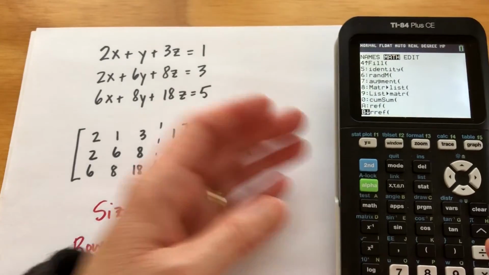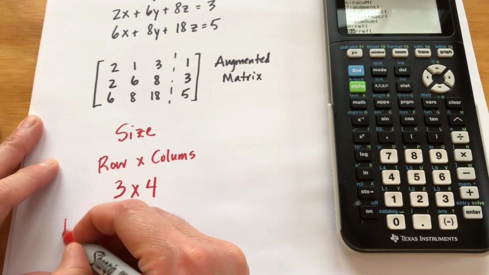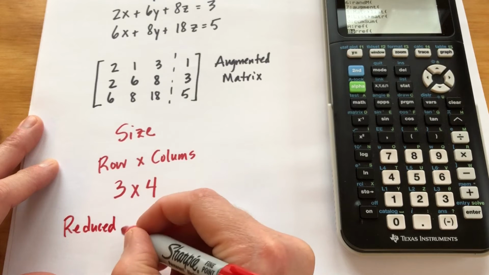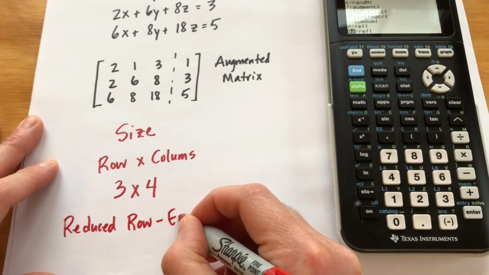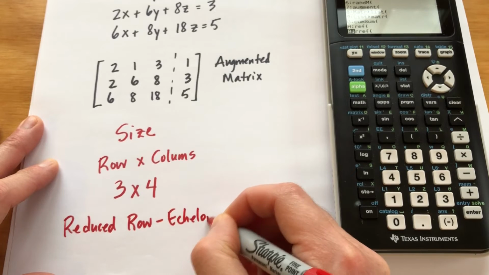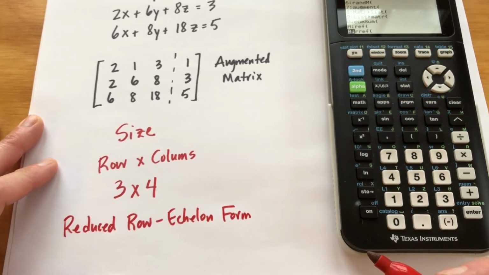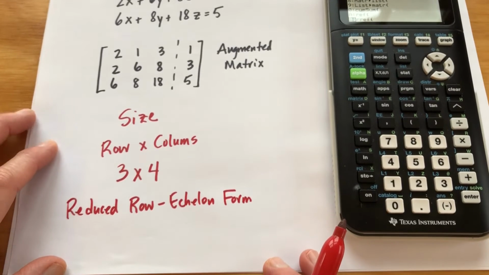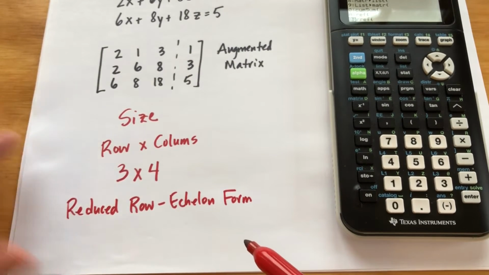It's option B. We're going to ask the calculator to put this matrix in reduced row echelon form. And if we were doing a more detailed study of matrices, we'd talk a little bit about the different forms of our matrices. But for now, just trust me, let's put it in reduced row echelon form.